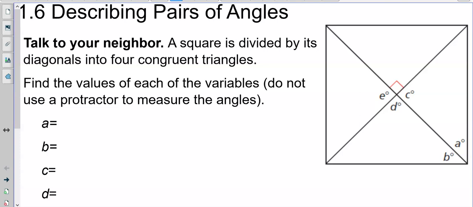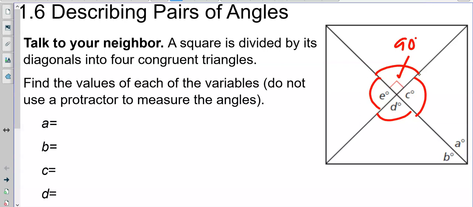So, find the values of each of the variables. Do not use a protractor. All right. Well, if they're all congruent, and this angle here is 90 degrees, that's what that symbol means. We talked about that before. That means if they're all congruent, all of these angles are also congruent because if you think about the top of the triangle, if you laid it out.